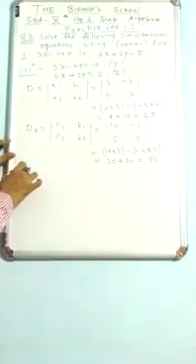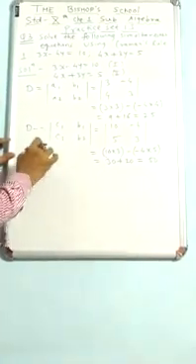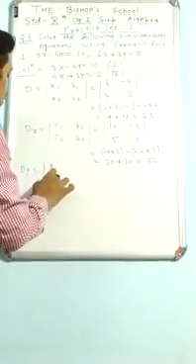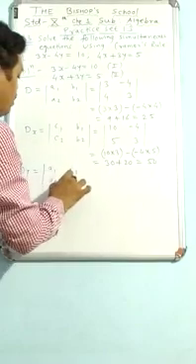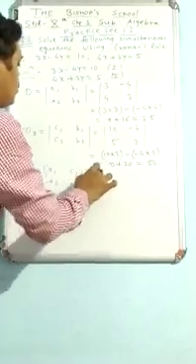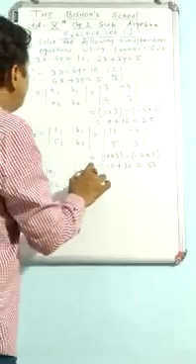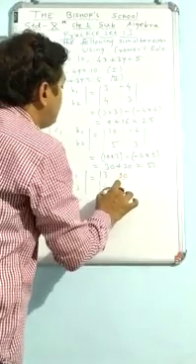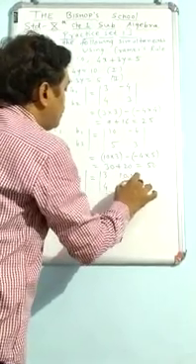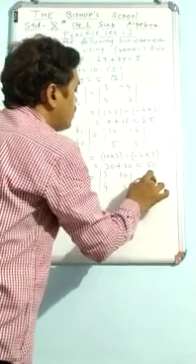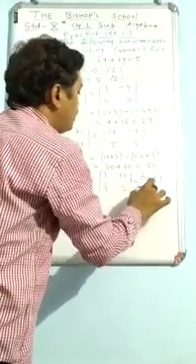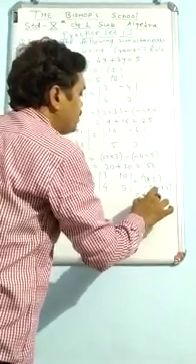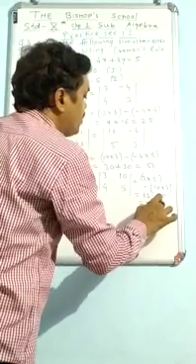Similarly, we write Dy. What should Dy be? We take a1, a2, c1, c2. Putting the values: 3, 4, 10, 5. So 3 into 5 minus 10 into 4. Here we have 15 minus 40, that is minus 25.